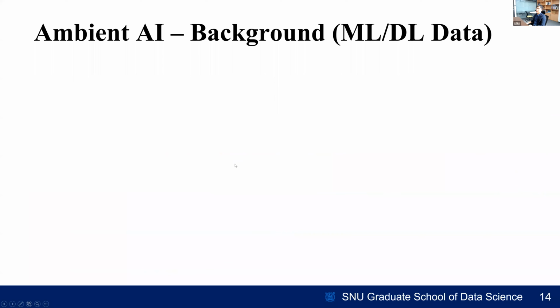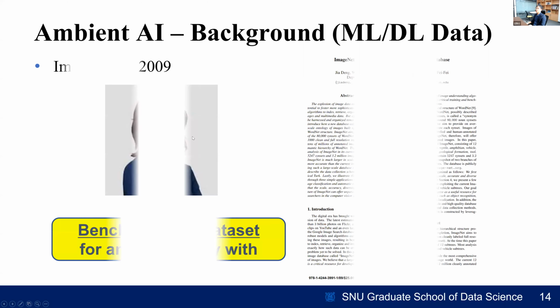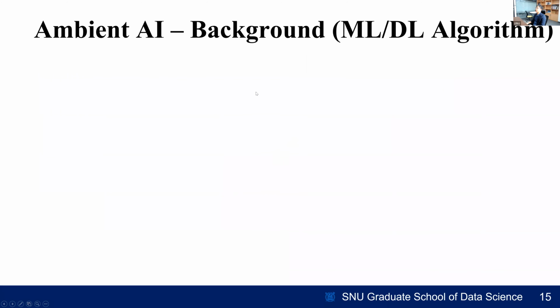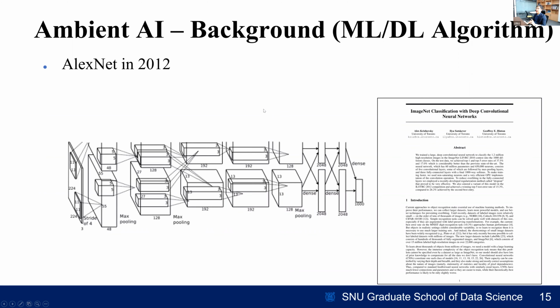And then what happened? ImageNet in 2009. So now not only big data computing infrastructure, but also a benchmark big data set are provided. With the help of computing infrastructure and big data set, people were able to revisit deep learning algorithms.